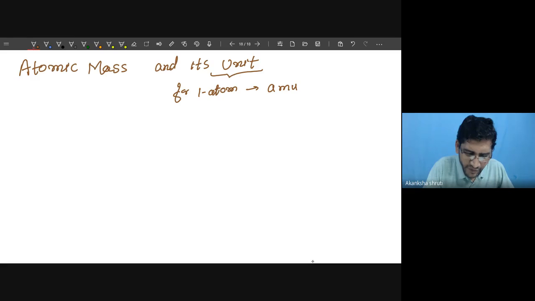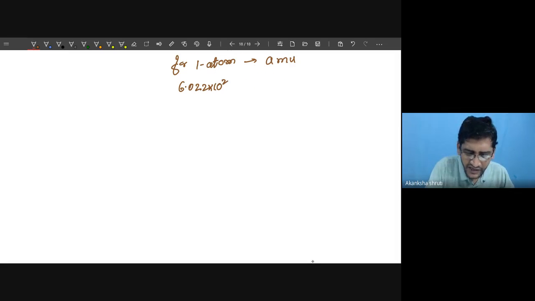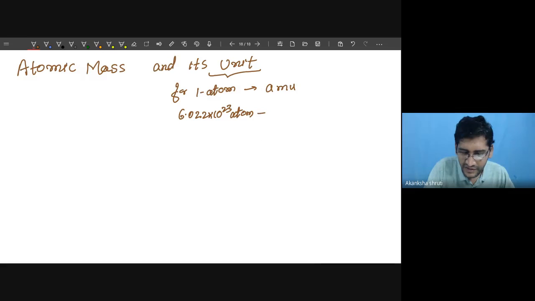And if we have Avogadro number of atoms, the Avogadro number that I was explaining earlier, or we may write the complete one, 6.022 into 10 to the power 23 atoms, then the unit shall be expressed in gram. Okay, these are the two we are using.